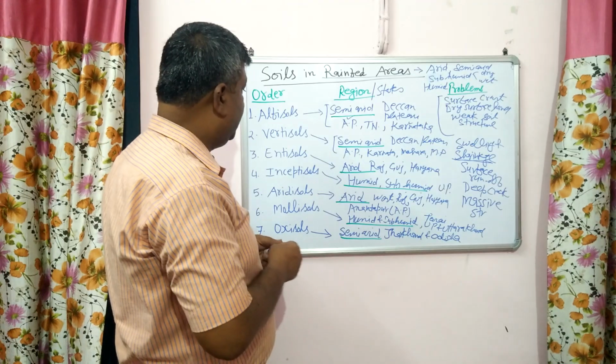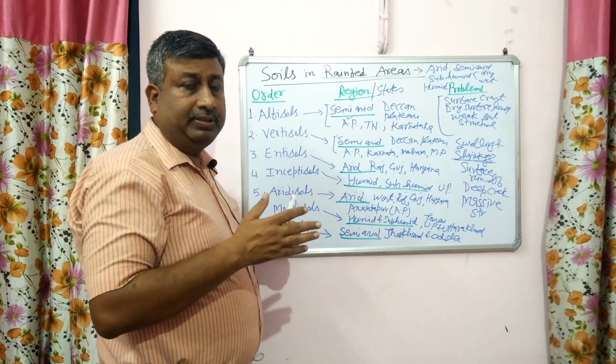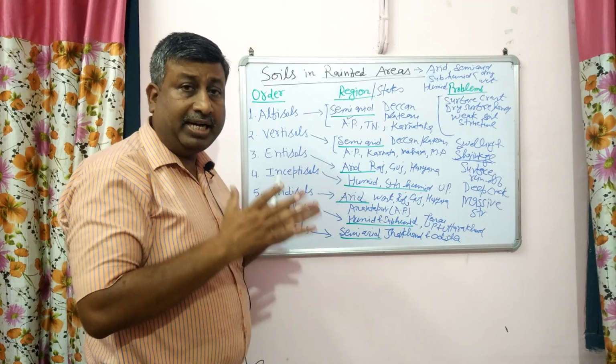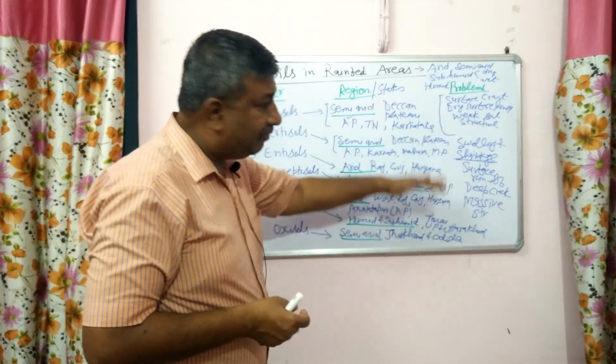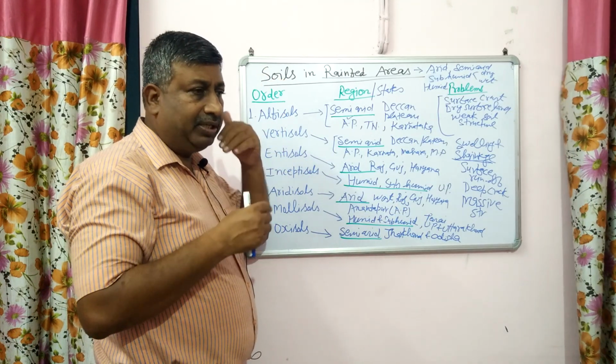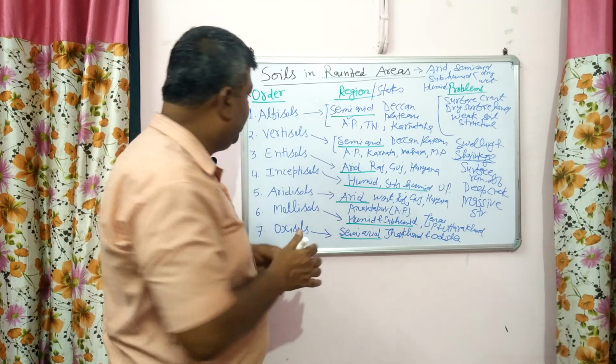These are the problems with vertisols. But the positive point with vertisols is that they are deep soils, and water holding capacity is good because of high clay content. But there is surface runoff. Most of the rainfall is wasted as surface runoff because of reduction in infiltration.